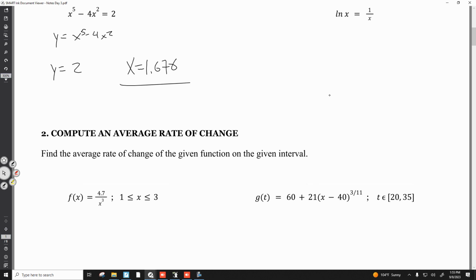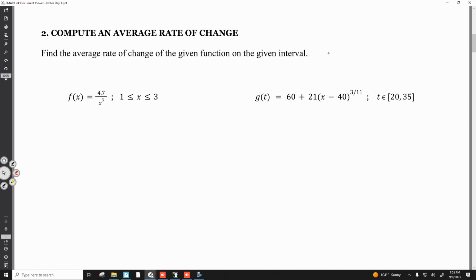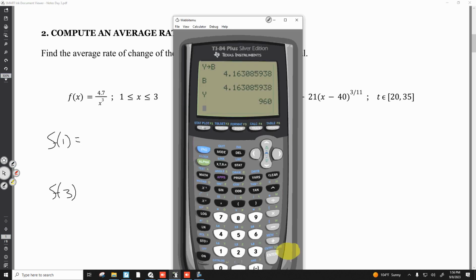Cool. So that is a way that we can calculate average rates of change. Watch. We know to find an average rate of change, all we need is 2 points and the slope. So I could, if I want to, go into Y equals and do 4.7 divided by X cubed.